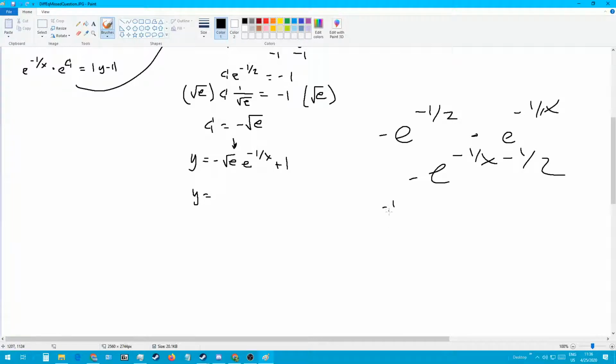If we combine the fractions, we get negative 2 minus x over 2x. So our final answer should be negative e to the negative 2 minus x over 2x, plus 1.